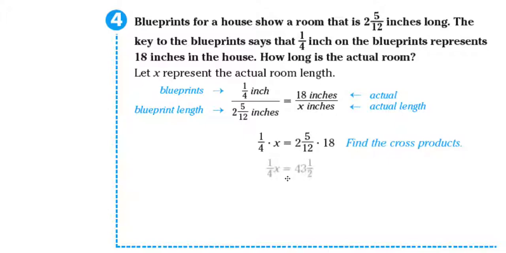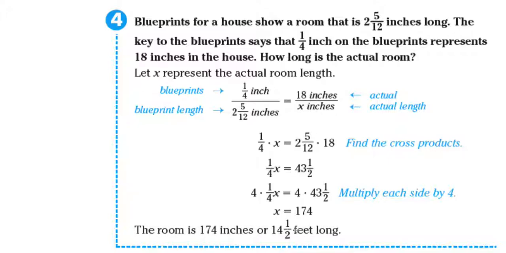Simplify that further, you end up with 1/4 x equals 43 and 1/2. And to be able to solve for x, we know that we multiply each side by 4. Okay, and multiplying each side by 4, we end up with x equals 174. So the room is 174 inches, or 14 and 1/2 feet long.